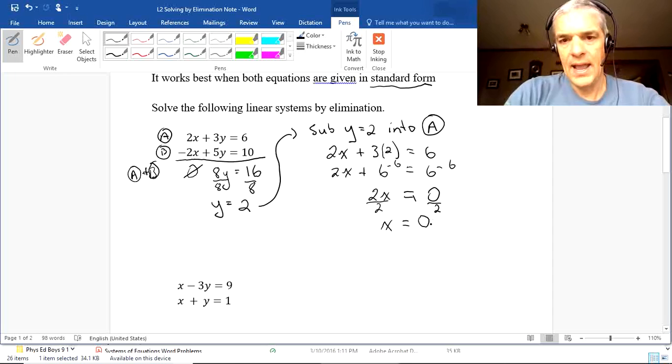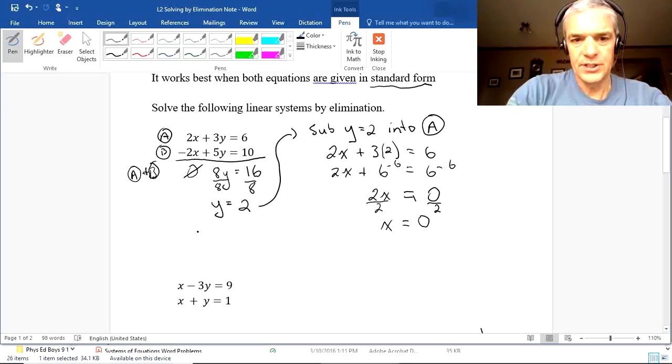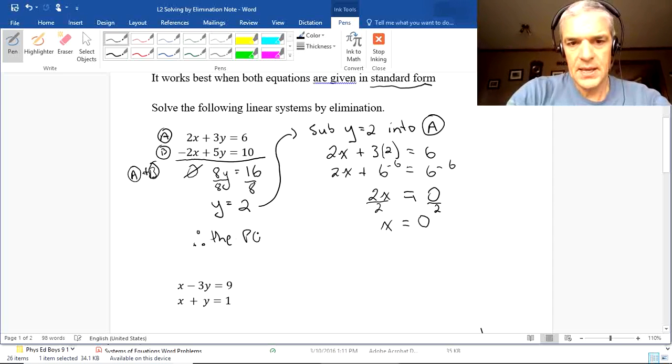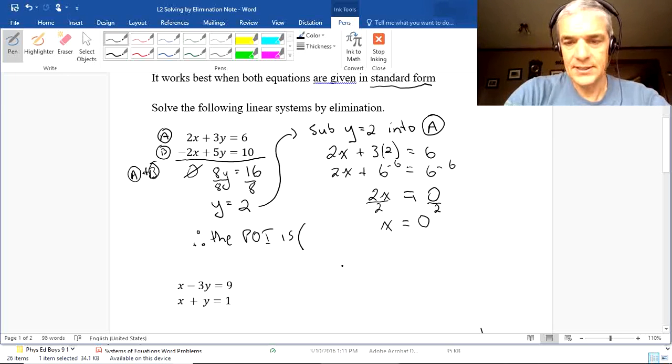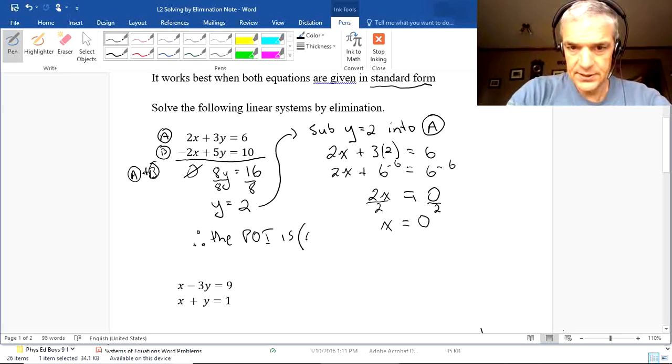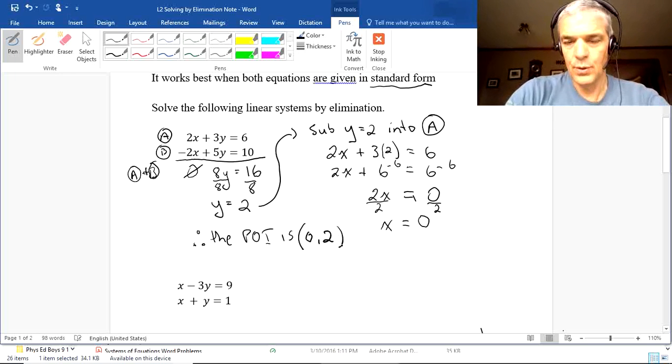And now I have my x value and my y value. And all I have left to do is write my therefore statement, which is therefore the POI is, in its bracket, because it's an ordered pair, 0 for the x, comma, 2 for the y.